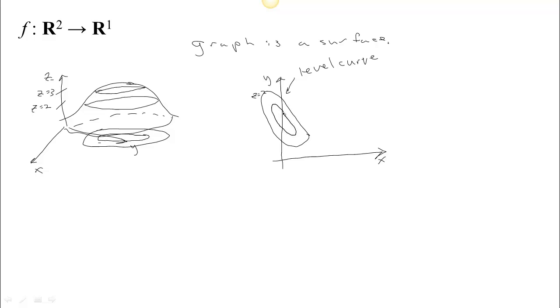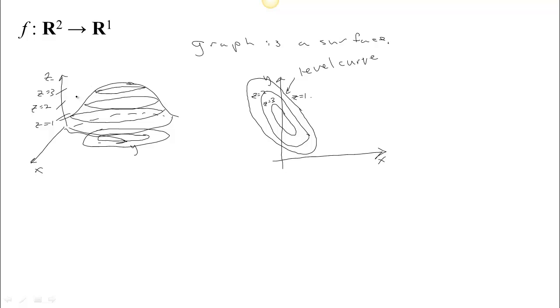So this is the level set that corresponds to z equals 3. If we go down and look at the level set that corresponds to z equals 1, we're going to get another level curve. Using just 2 dimensions to depict that, we can show this level curve and label it z equals 1 so that people know.